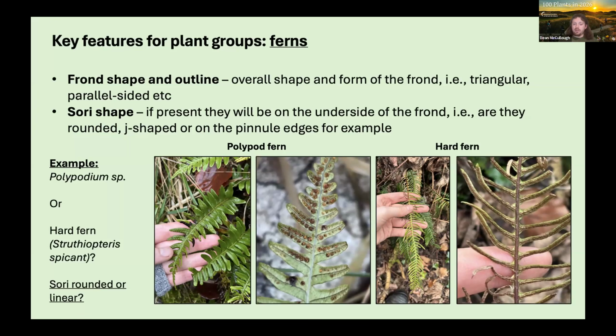As you can see in the polypody fern, they're rounded, they're little circles, little capsules. In contrast to the underside of the hard fern, which is the photo on the far right, they're linear, so they're arranged along the pinnae, completely and utterly different. So as a beginner, you want to look at those features and pay attention to those features.